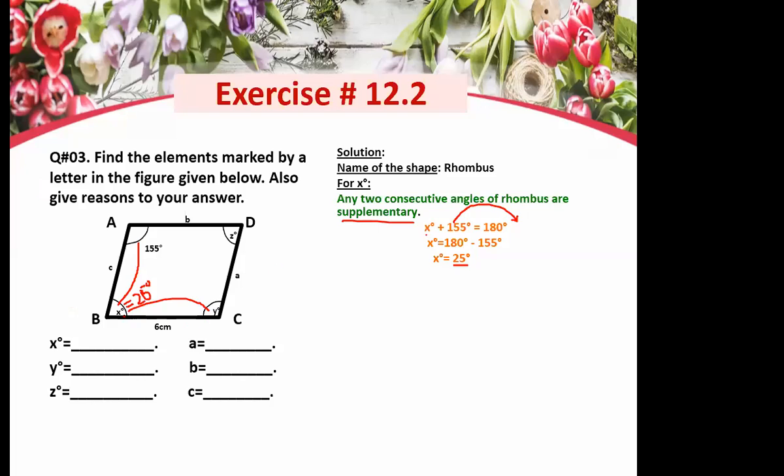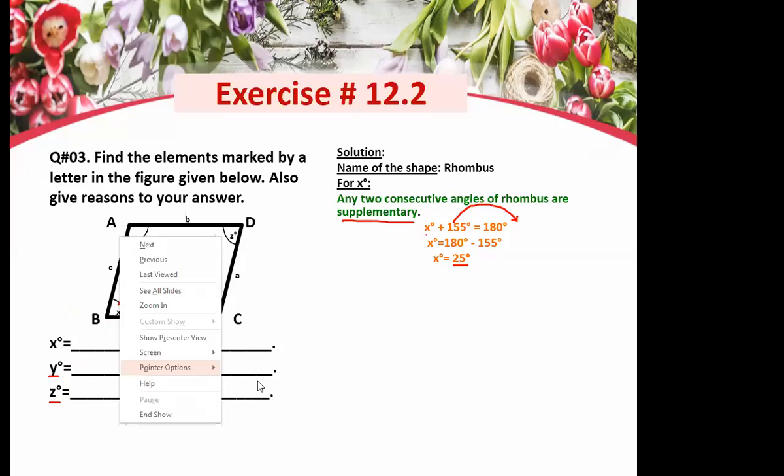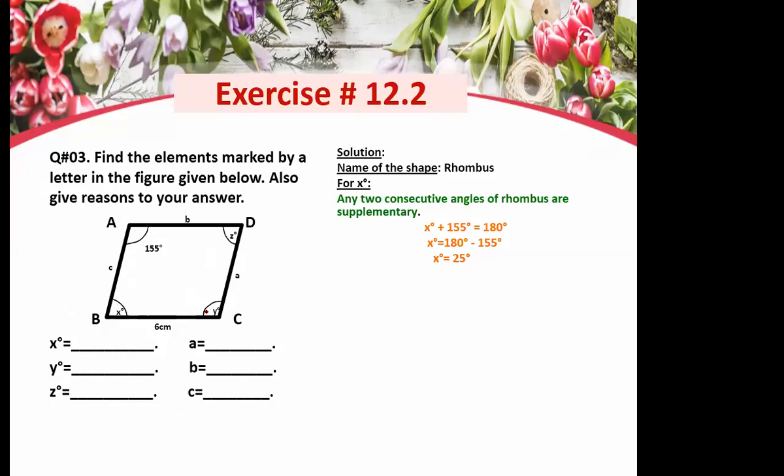Now look here. Now you have to find the next angles, which are y and z. If you look very carefully at y and z, where is y? Here you have y. The measurement of this angle is 25 now. If you remember the postulate about the rhombus, the opposite angles of a rhombus are congruent. So the opposite angle of y is this one.